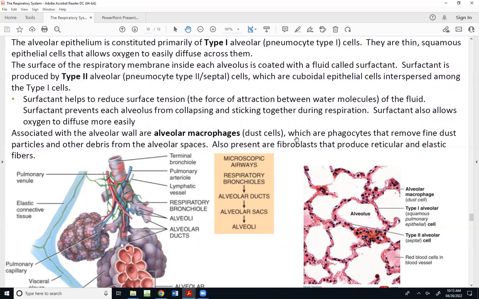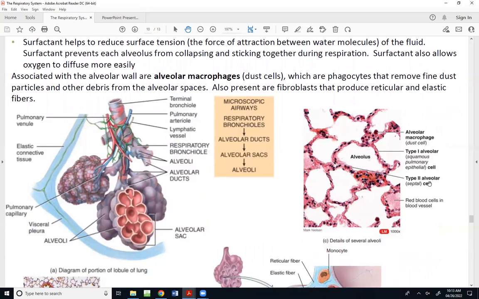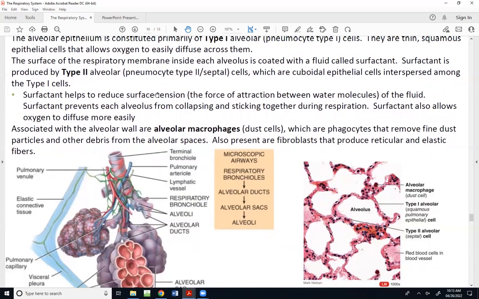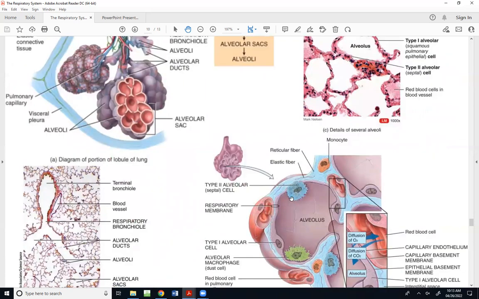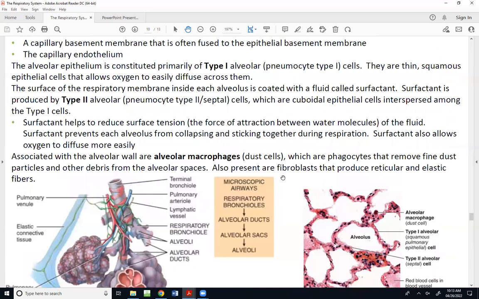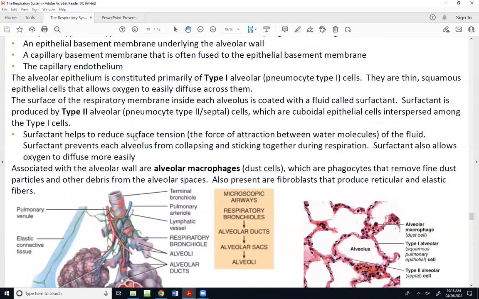Okay. They aren't the only cells that are part of alveoli. You also have type 2 alveolar cells, which also go by septal cells or pneumocyte type 2 cells. They produce a fluid called surfactant. Okay, and surfactant is going to be found on the inside of each alveolus, where it's going to help reduce the surface tension inside of there.